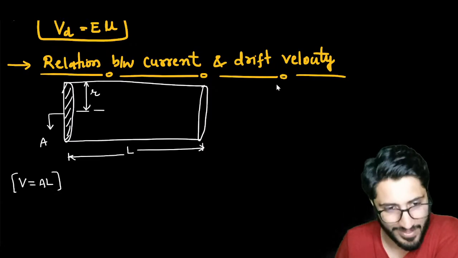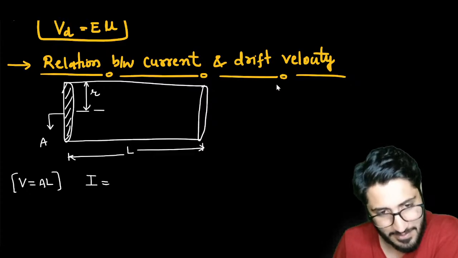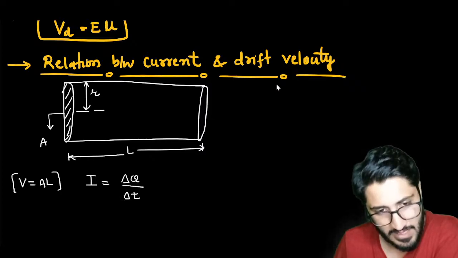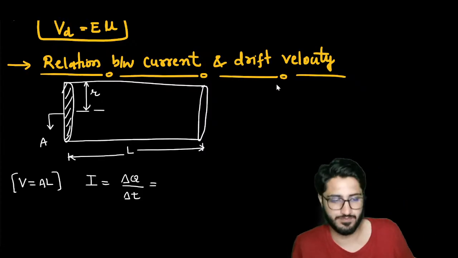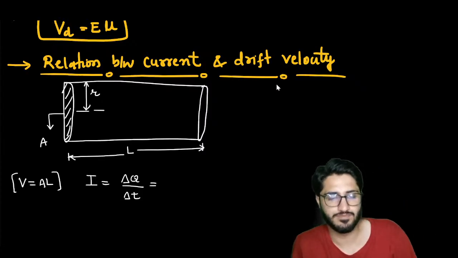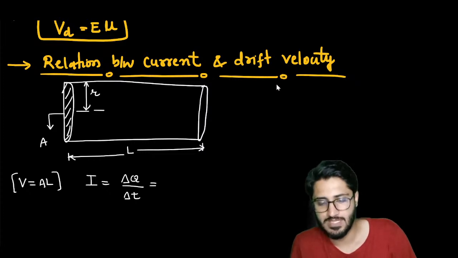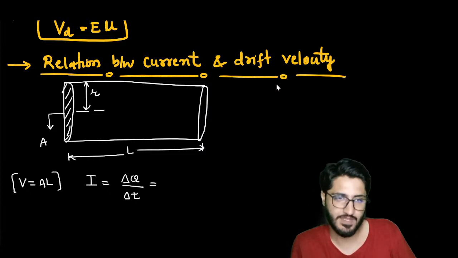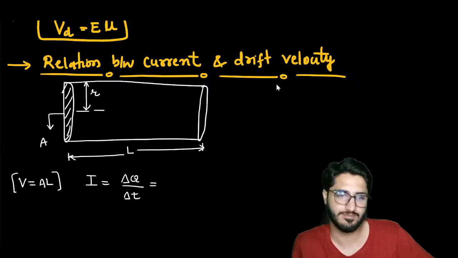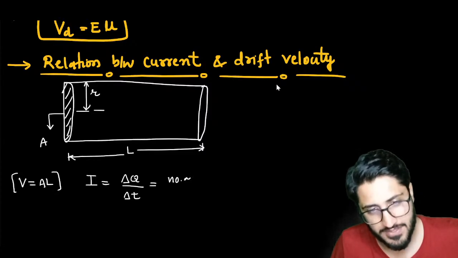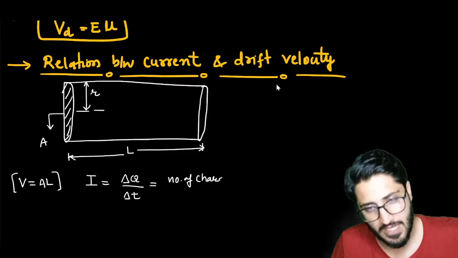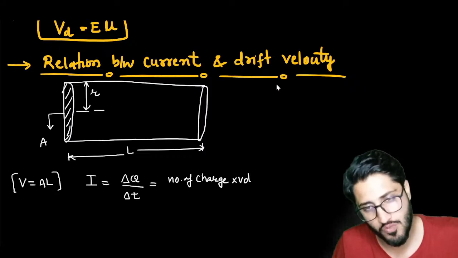Look now. What is current? Current is simply del Q by del t. So now we need to find del Q. Del Q is the number of charges in the whole volume. I can write number of charge per unit volume into my volume, then divide by delta t.